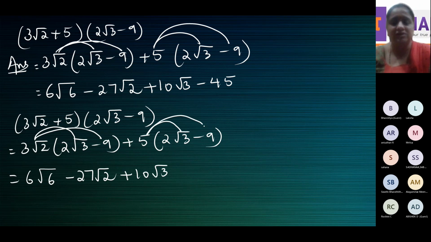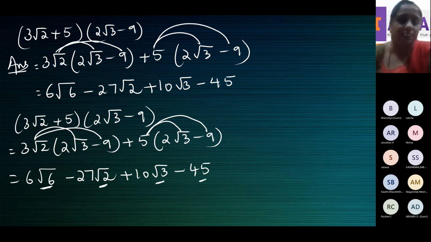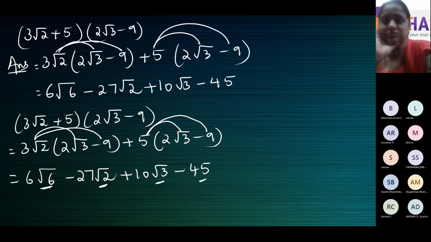And finally, plus 5 into minus 9, which is minus 45. All are unlike terms, so that's the final answer. Am I clear, children? Yes, ma'am. Very nice.